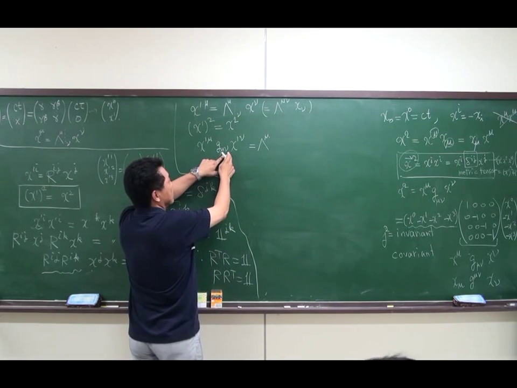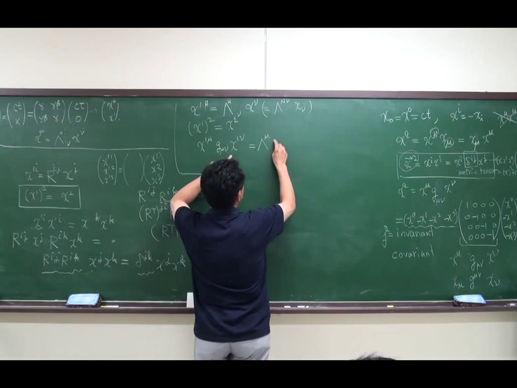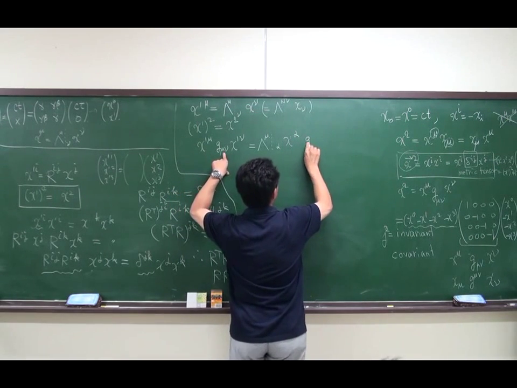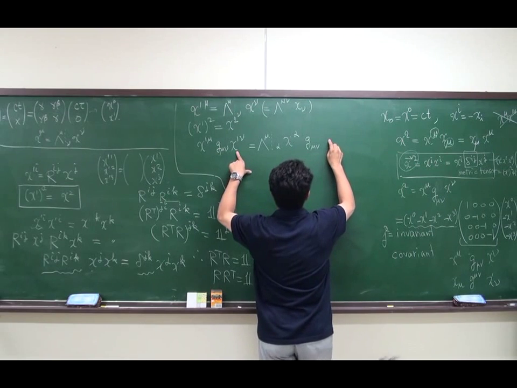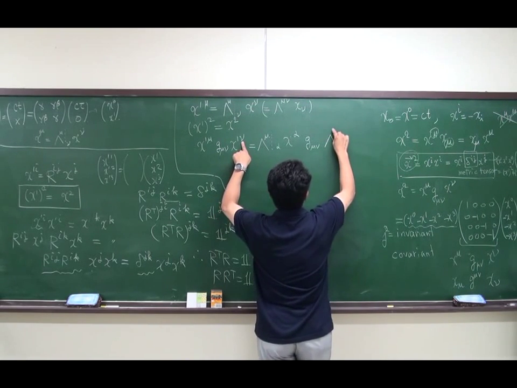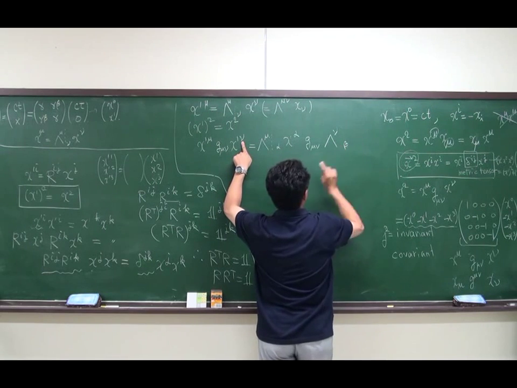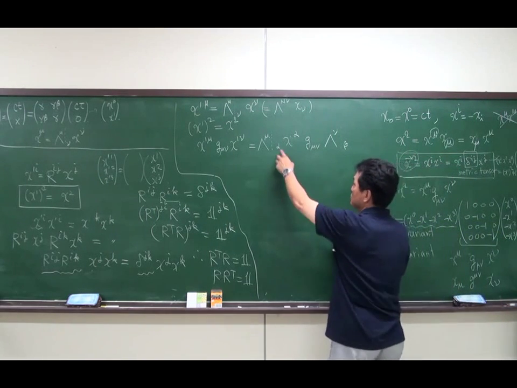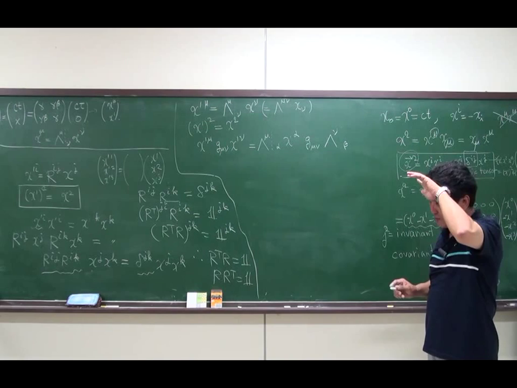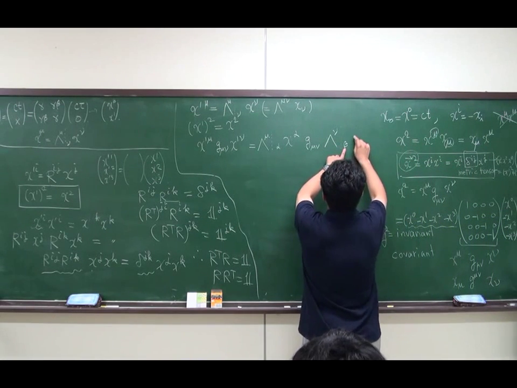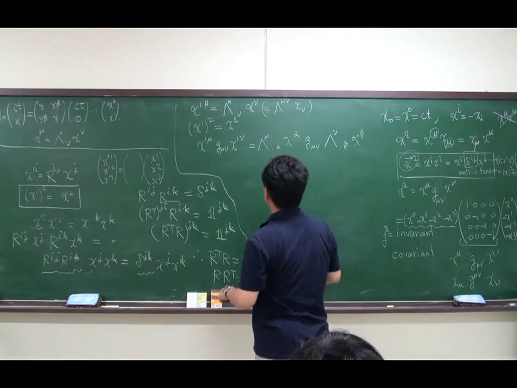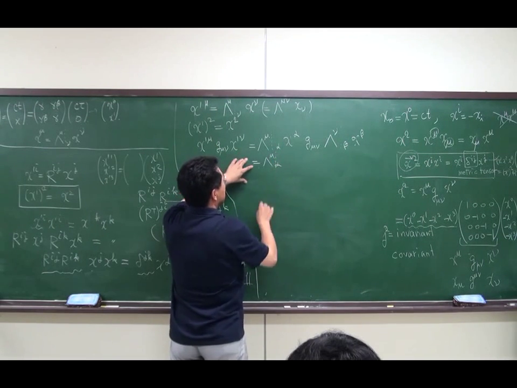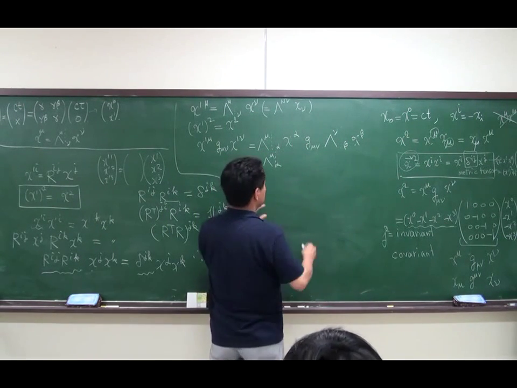Because mu nu are already used, let me use mu alpha. You don't have to put a dotted line later, but I'm using this in order not to make you confused. Again, they commute because they are all numbers.